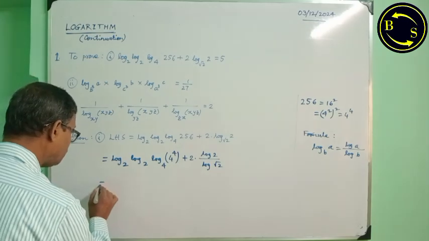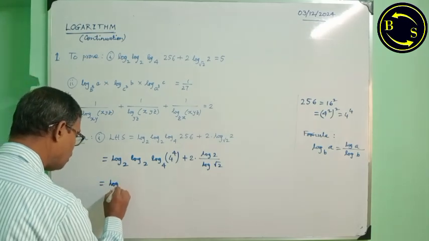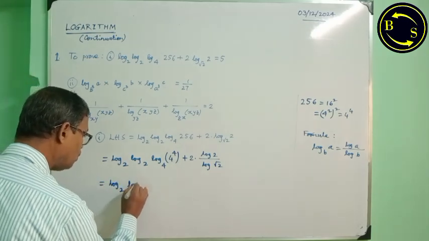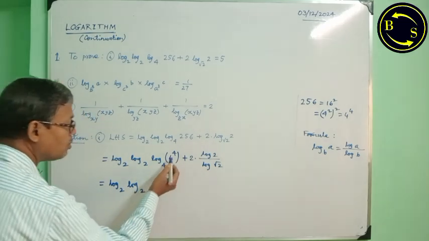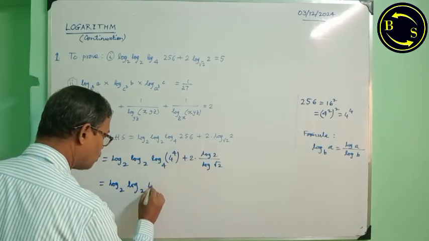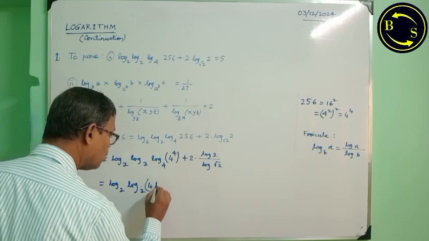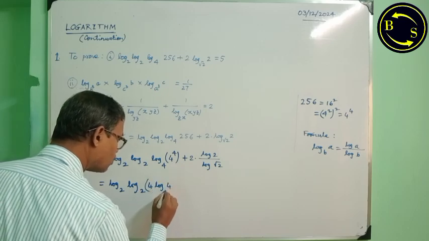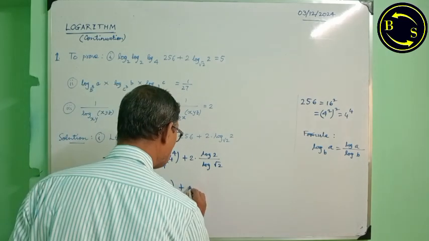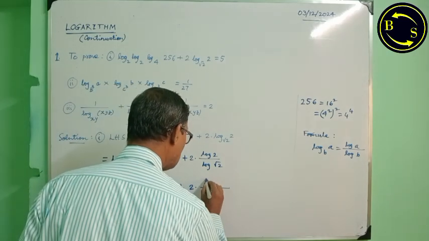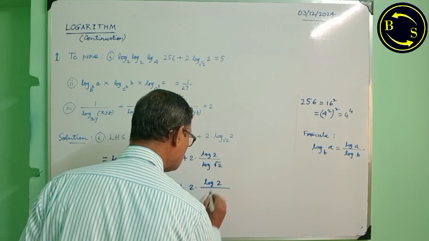Then log base 2, log base 2. Now log power form: 4 log of 4 to the base 4 plus 2 into log 2.